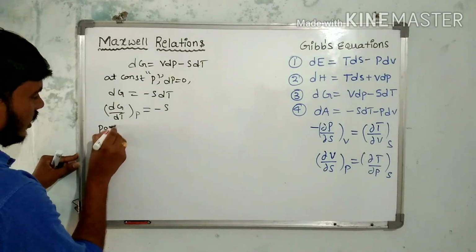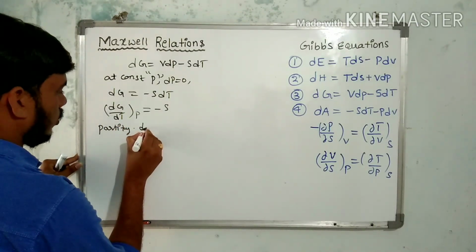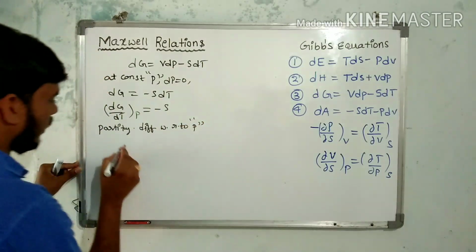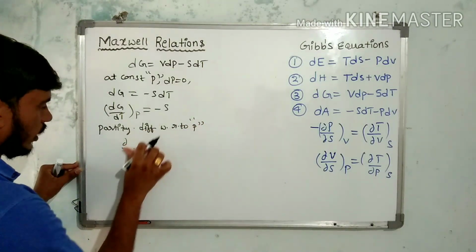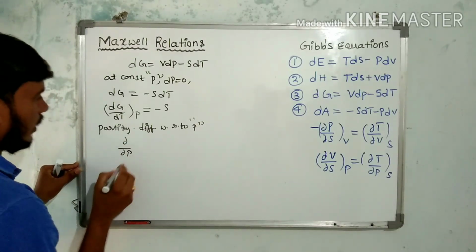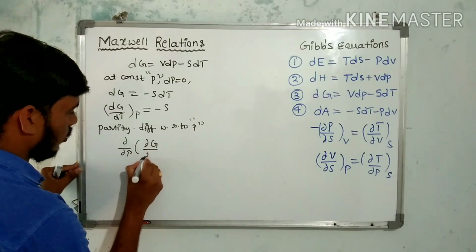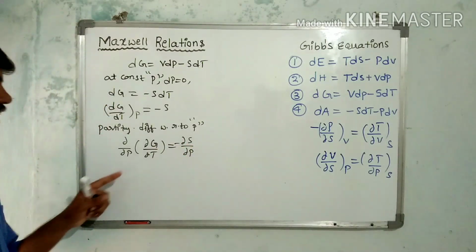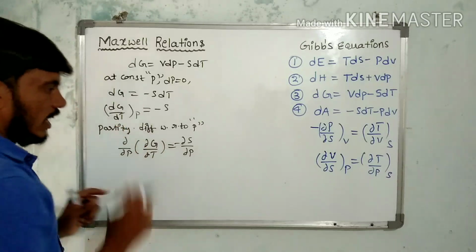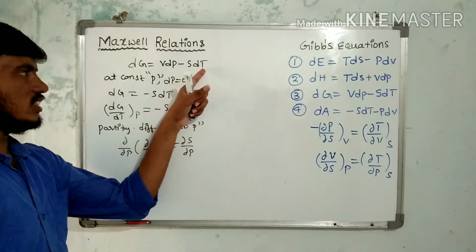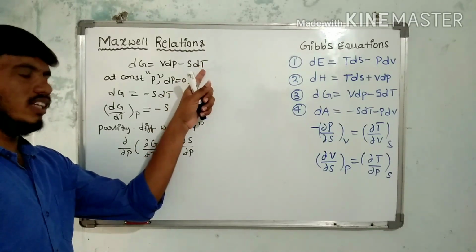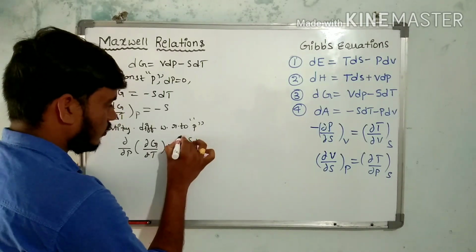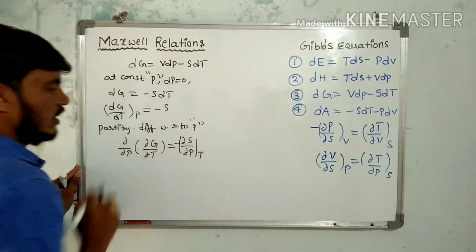Now partial differentiation with respect to pressure: ∂/∂P of ∂G/∂T is equal to minus ∂S/∂P. Now in this minus ∂S/∂P term, the temperature remains constant, so the subscript is T in this expression.